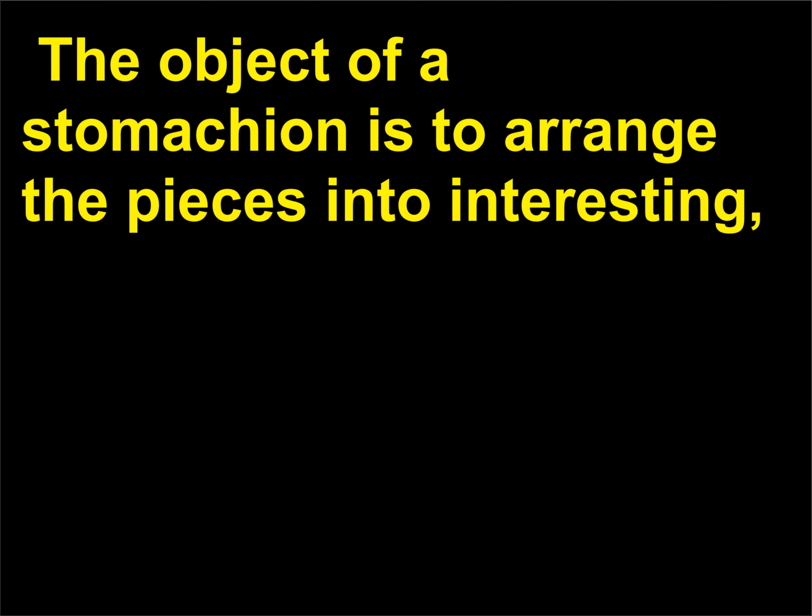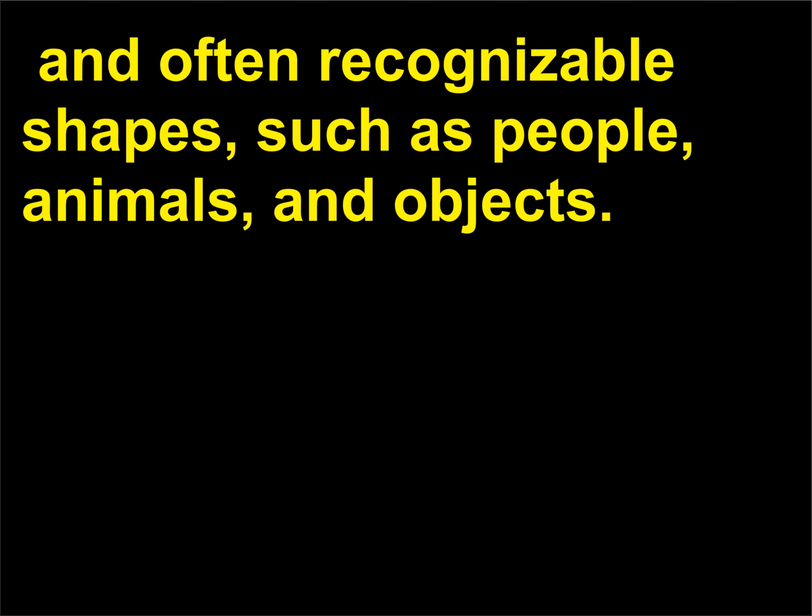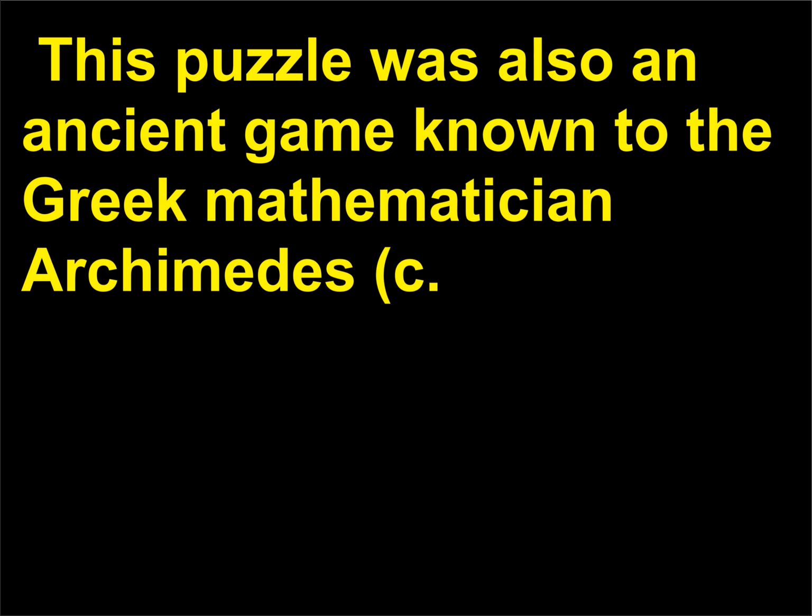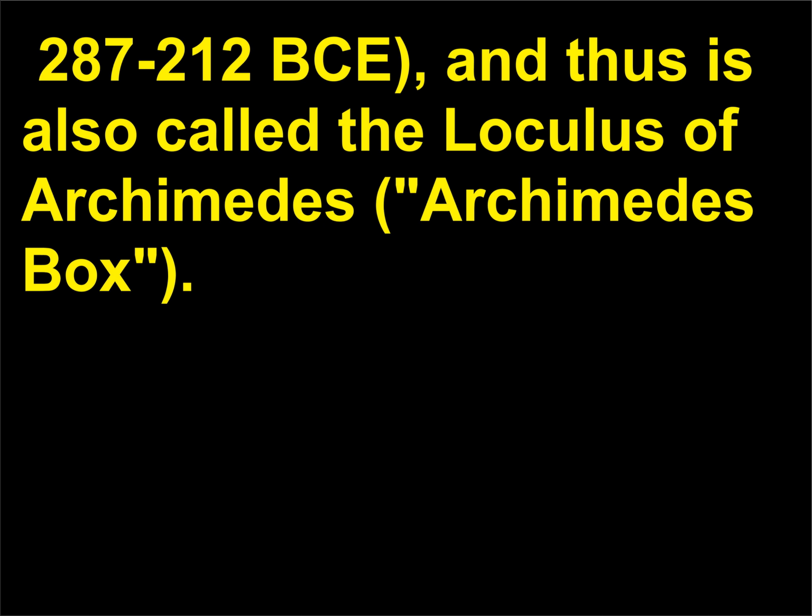The object of a Stomachion is to arrange the pieces into interesting and often recognizable shapes, such as people, animals, and objects. This puzzle was also an ancient game known to the Greek mathematician Archimedes, c. 287 to 212 BCE, and thus is also called the loculus of Archimedes, Archimedes' box.